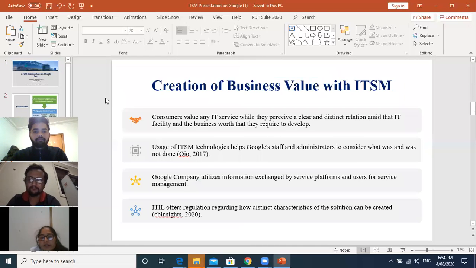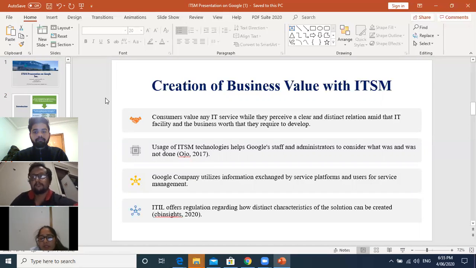This is the creation of business value with the help of IT service management. What are the services business can get with the help of this? Consumers value any IT service when they perceive a clear and distinct relation between that IT facility and the business worth they require to develop.